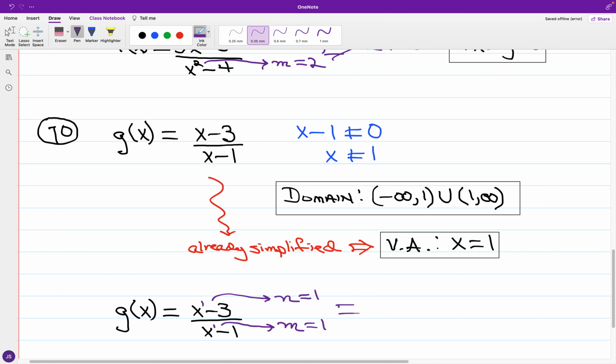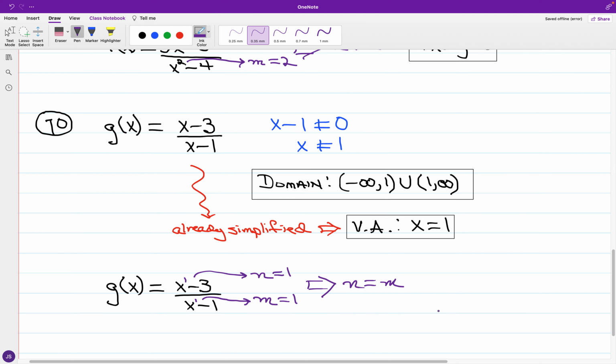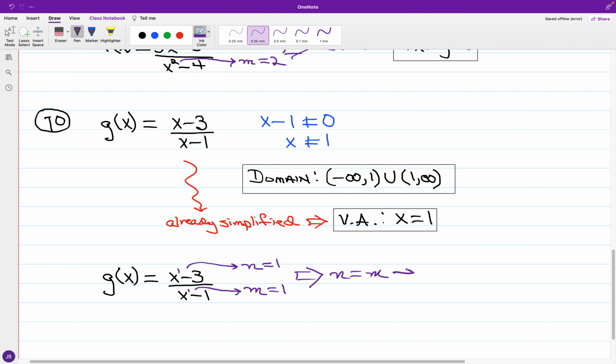And so both n and m have identical values, so n is equal to m. And this time we're going to have a horizontal asymptote, whereupon y is equal to the constant that is formed upon taking the highest degree terms from the numerator and denominator and dividing out. So from the numerator we have x, and the denominator we have likewise, and x over x is equal to 1.